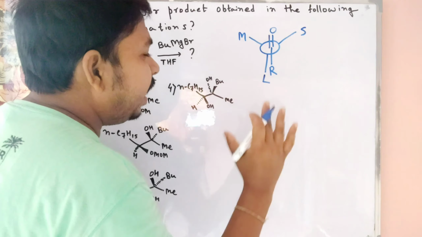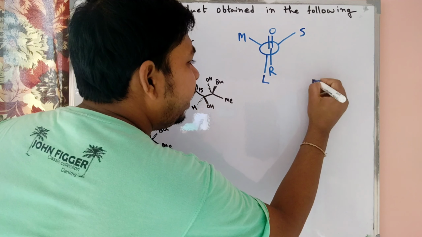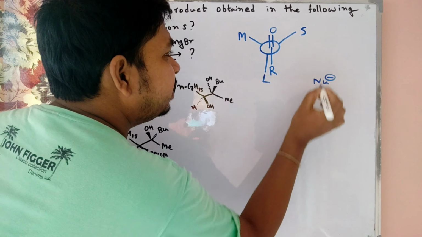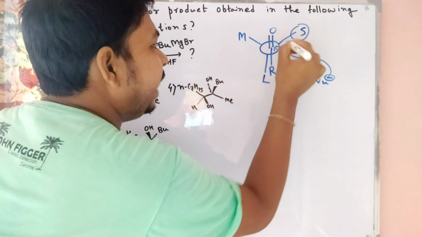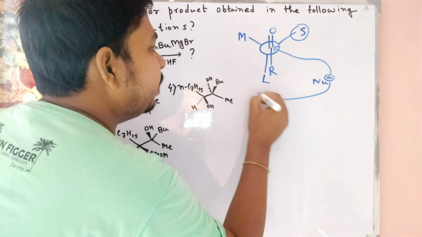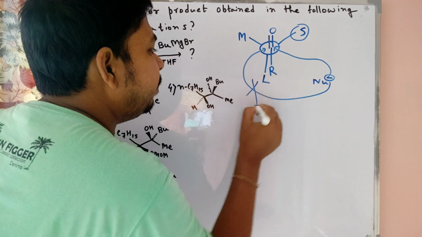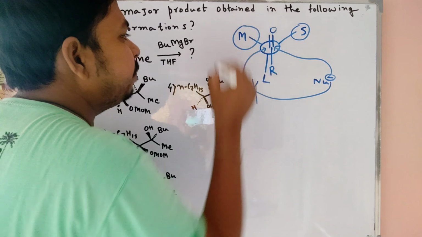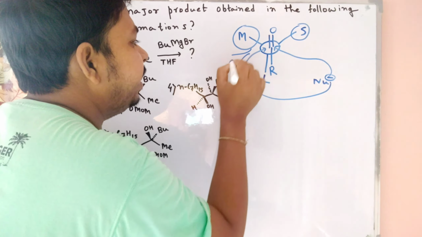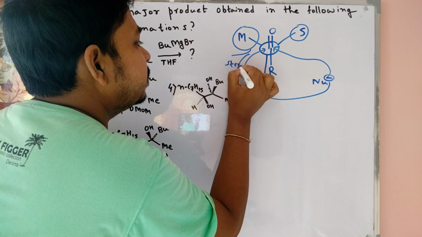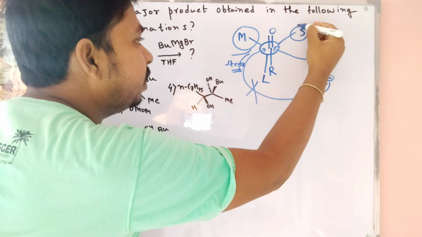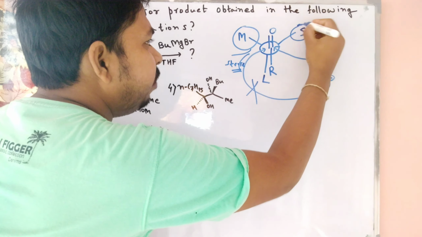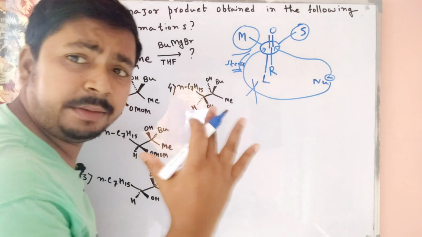The nucleophile attacks on the side where the small group is present, and that attack is more favorable. Attack on the other side is not favorable because the medium group is present, and due to steric repulsion this attack is not possible. So this side attack is possible.